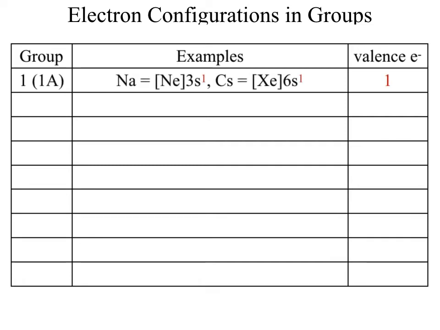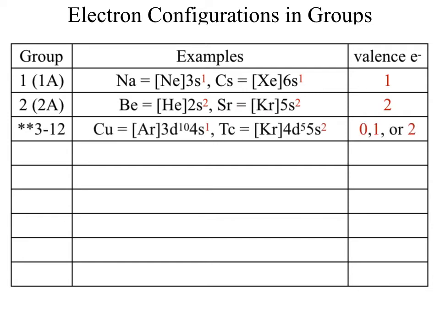Group 1, which is also called 1A, I have examples sodium and cesium. They both end in s1. That's 1 valence electron. Group 2, or 2A, has s2, so they have 2 valence electrons. Groups 3 through 12, I put a double star there. It could be 0, 1, or 2. If you look at the example copper, it has 4s1, so that's 1. Technetium is 5s2, that's 2.